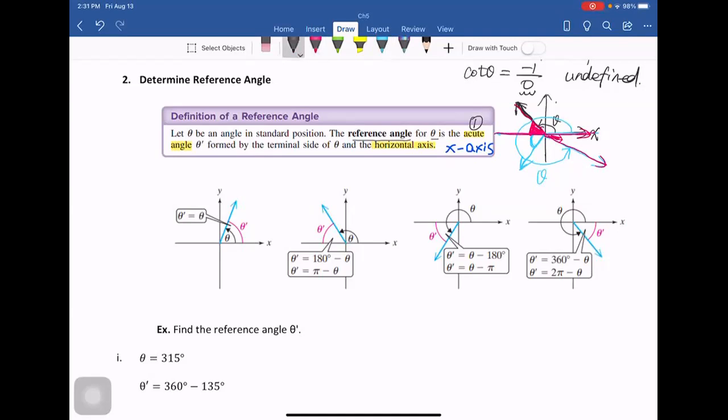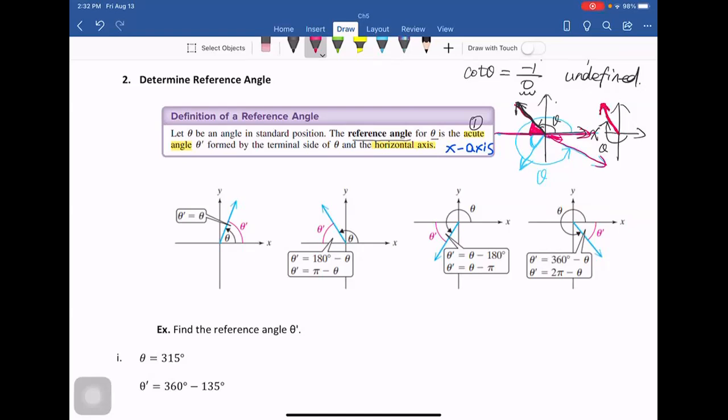Some students ask me, if I have a negative angle like this, so my angle is like this, this is theta. What is the reference angle? You don't need to worry too much, because the reference angle just depends on where the terminal side is.